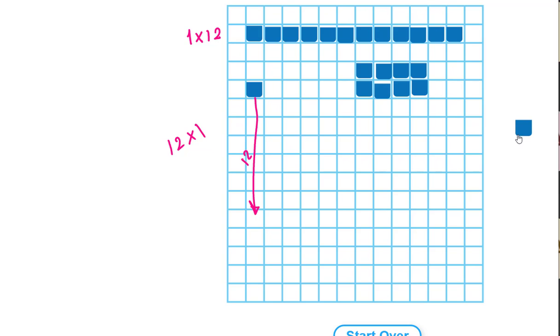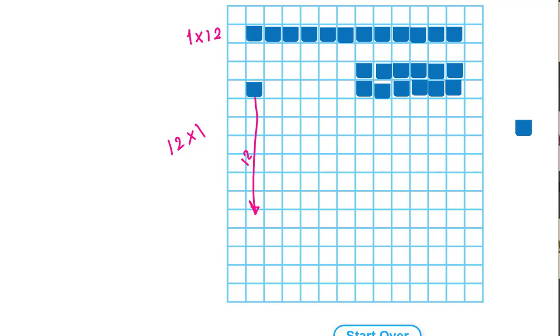So now I have in each row 4, now 5, and now we have 6 in each row.